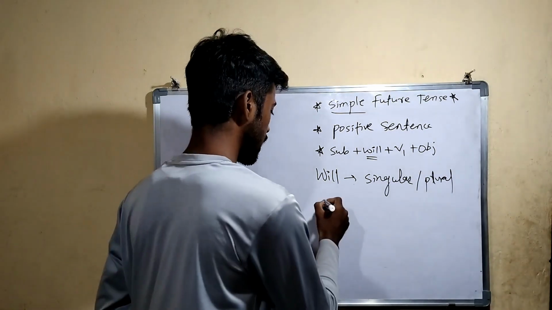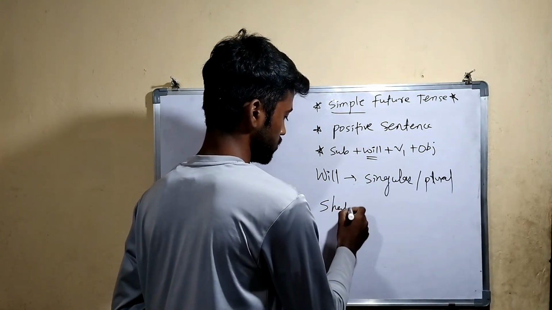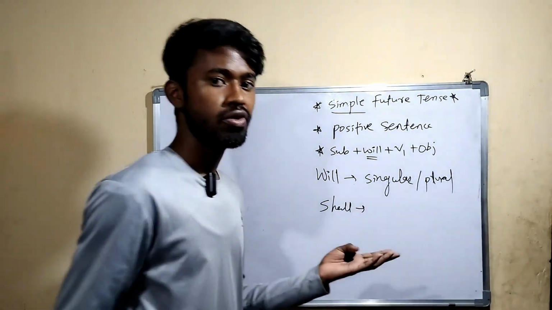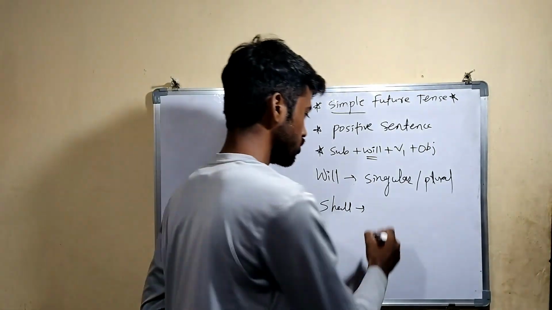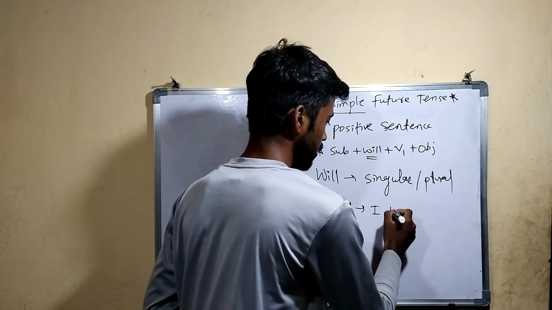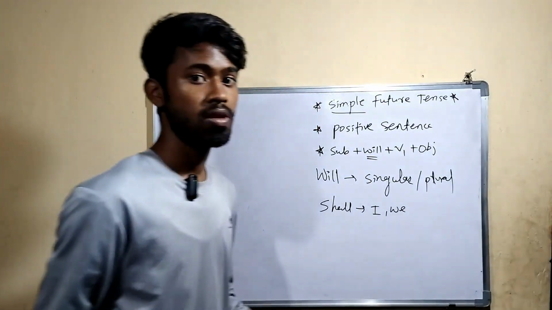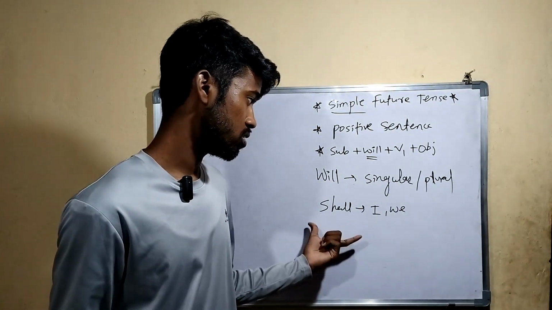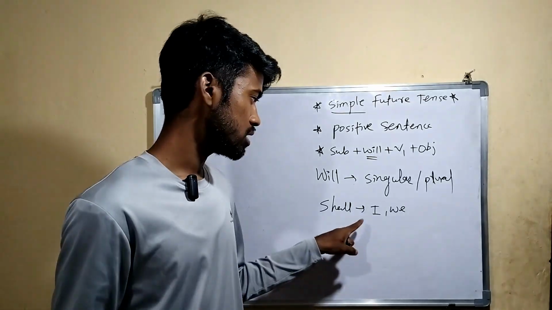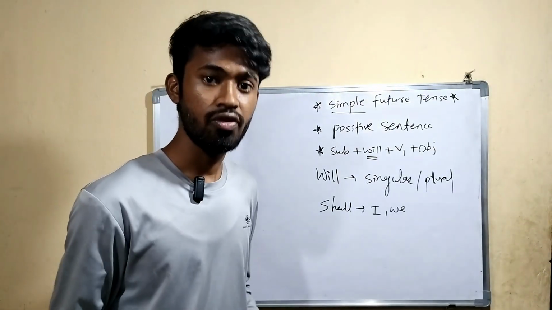There is one more helping verb. Nowadays we are not using this, but before we used to use it. What is that? Shall. We use shall with I and we subjects. Before we used to use it, but nowadays no one is using it. Even if you use it with I and we, it's totally fine.